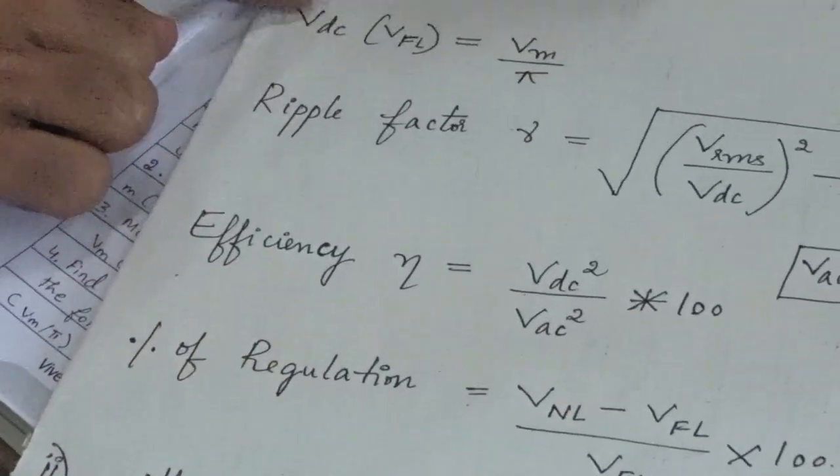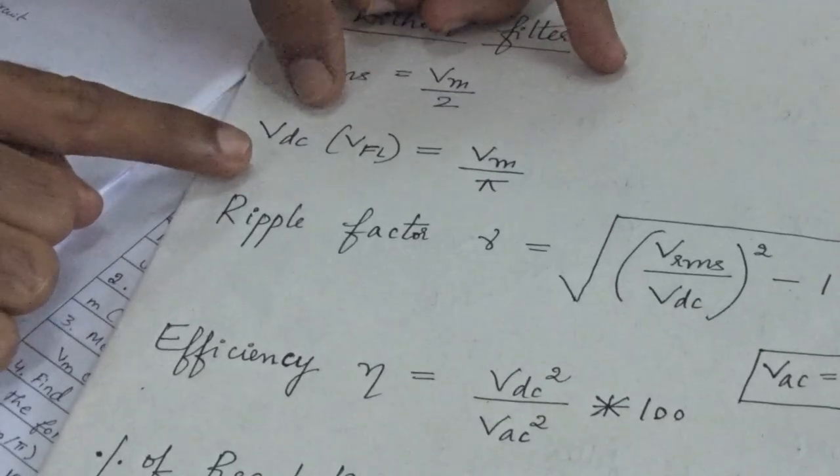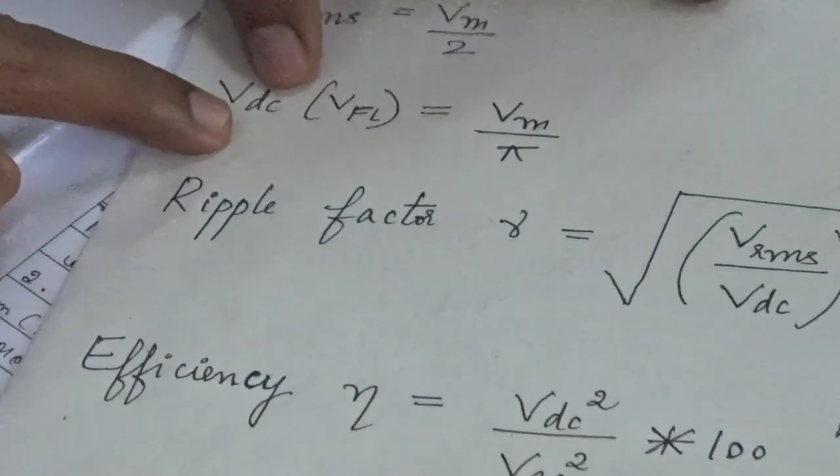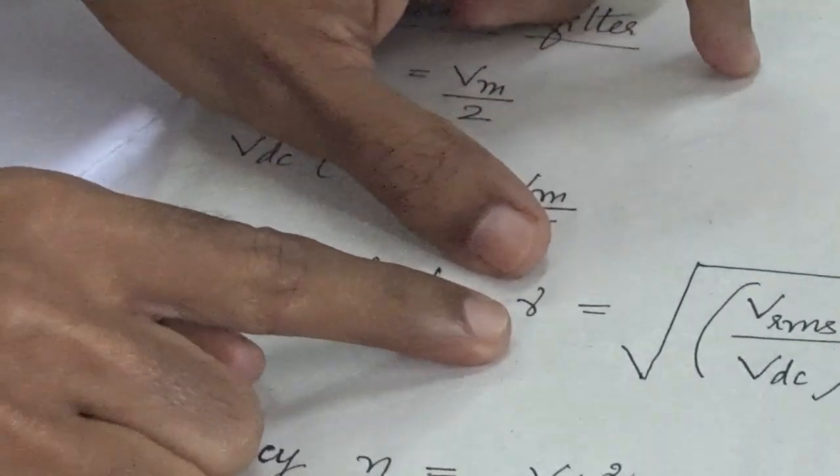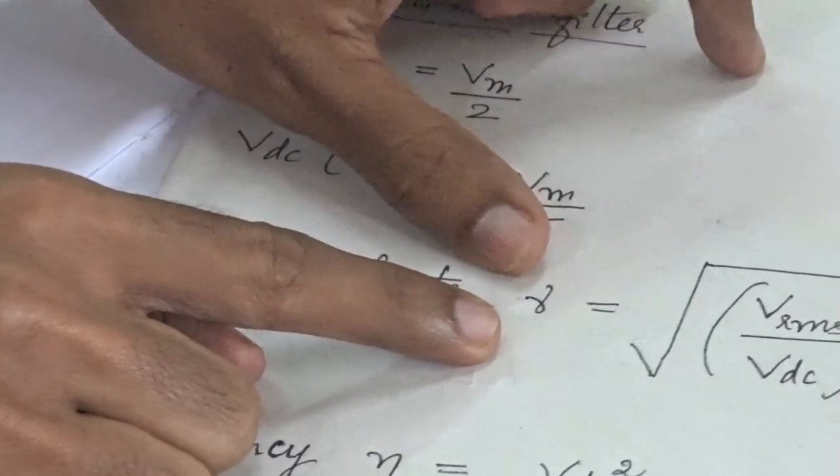Next, after finding the ripple voltage and the output V_DC voltage, find the ripple factor using the formula.